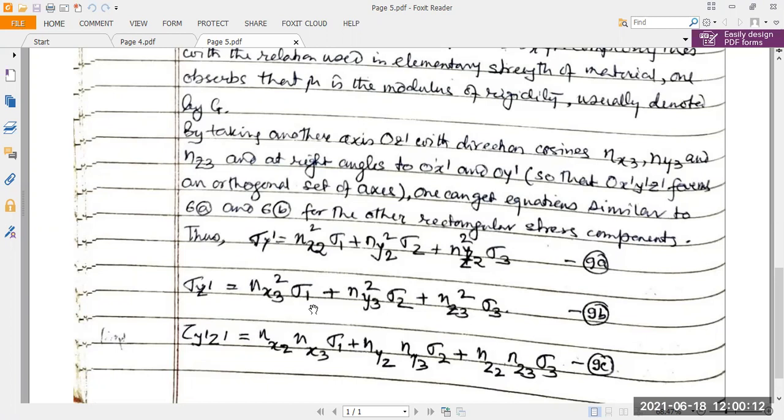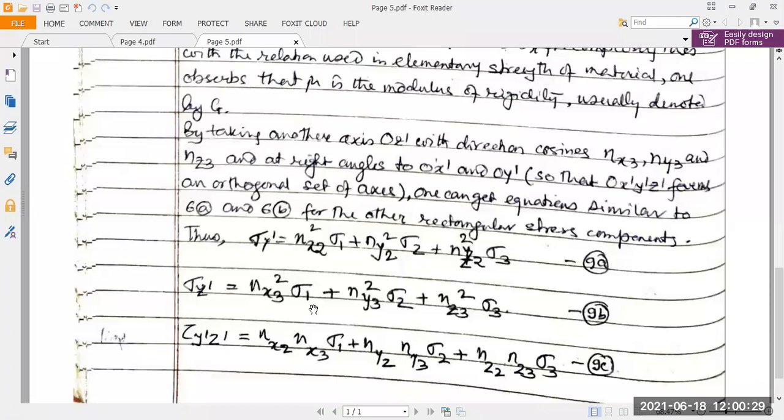We have the component of normal stress of the resultant stress acting over a plane, which is normal to x, y, z, and which has a normal in the Cartesian coordinate system ox dash y dash z dash.